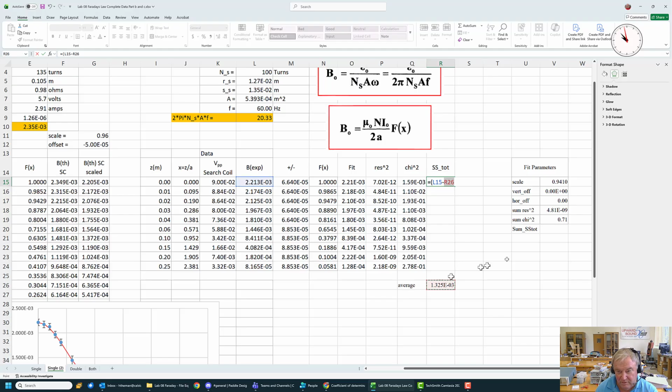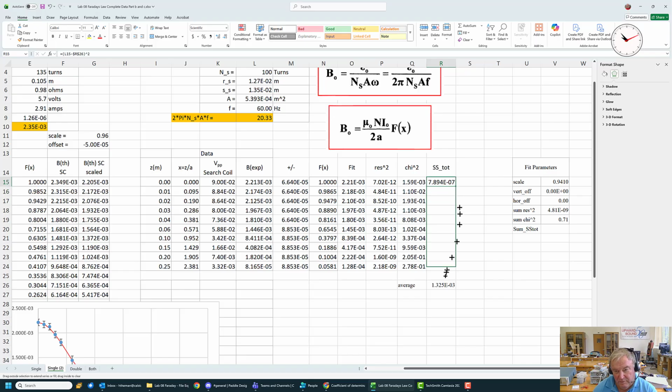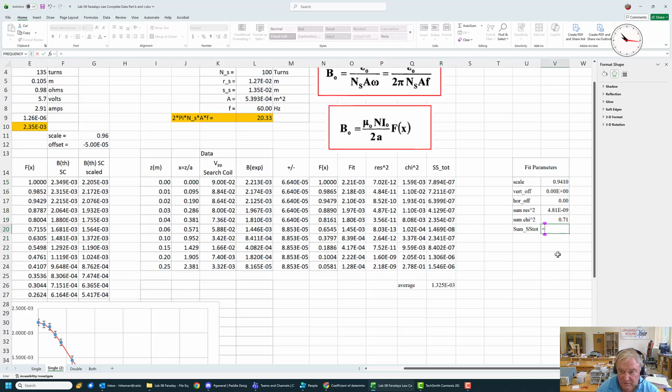Make sure that we put dollar signs, and then we have to remember to square it. And then we fill it. And then we say, all right, equals the sum of these. And did I do it right? Yeah, okay.